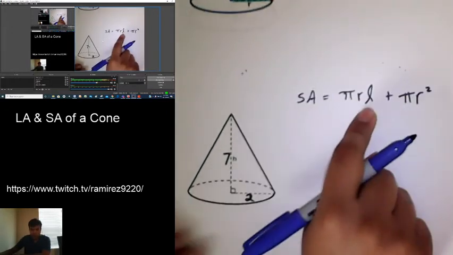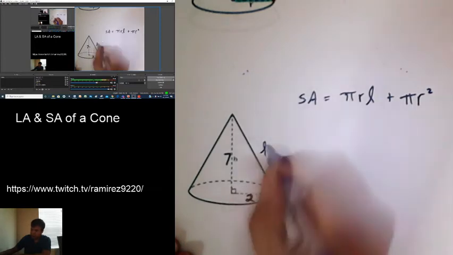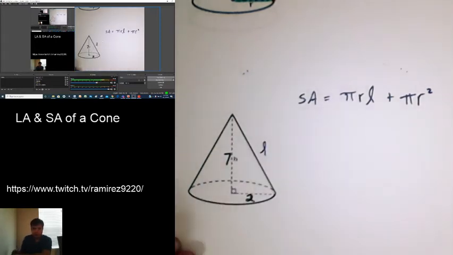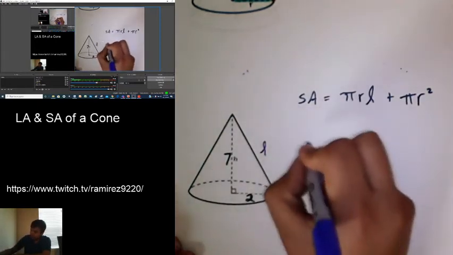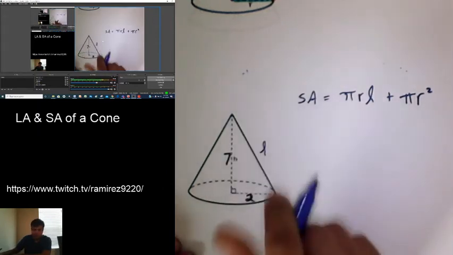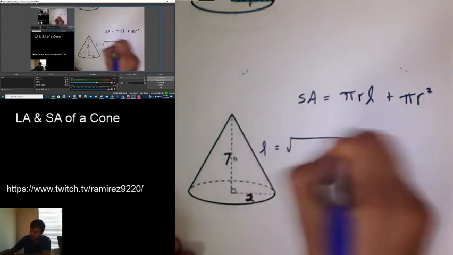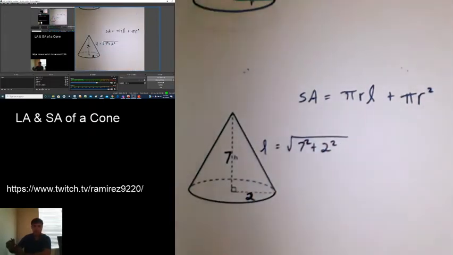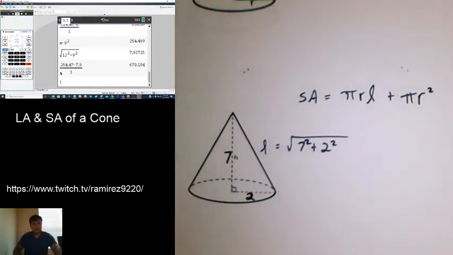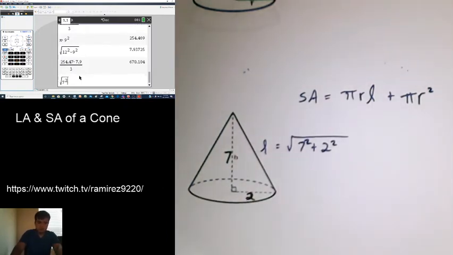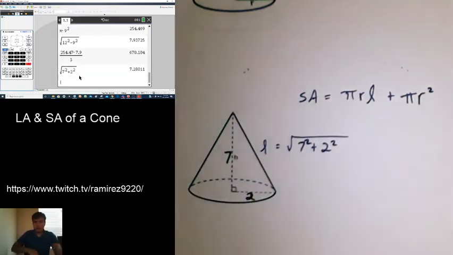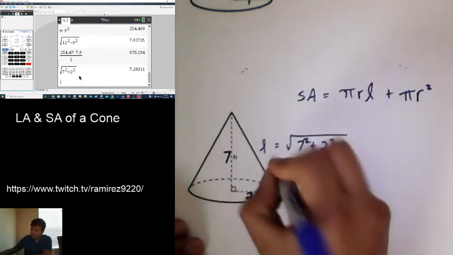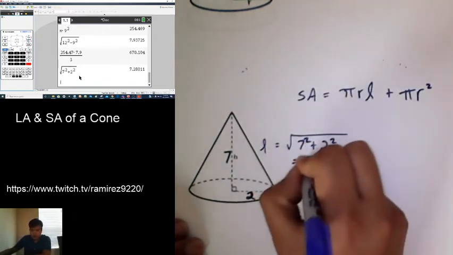We need our L, and we don't know it. L goes here. But again, I just told you that we could do the Pythagorean theorem. L is your hypotenuse, so it's going to be 7 squared plus 2 squared, and we get that our slant height is 7.3.